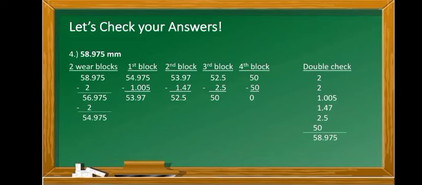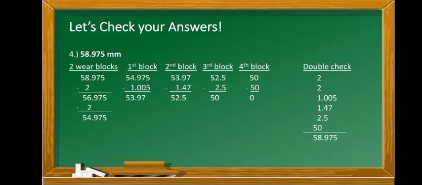That will also leave the 9, or the first decimal number, to 0, either 0 or 5. So, 53.97 minus 1.47 is equal to 52.5. So, the second decimal number has been eliminated. That leaves the 5. So, the third block is 2.5.